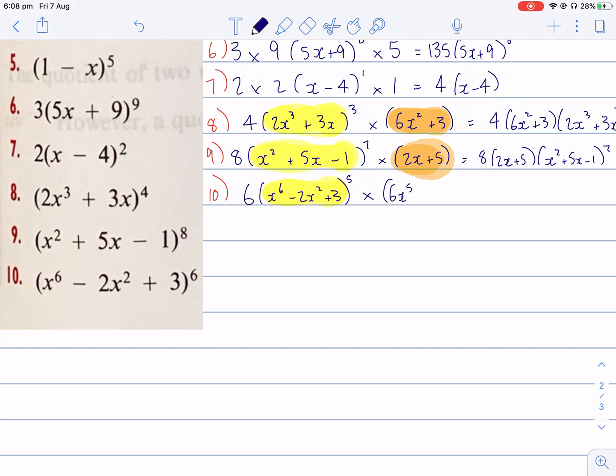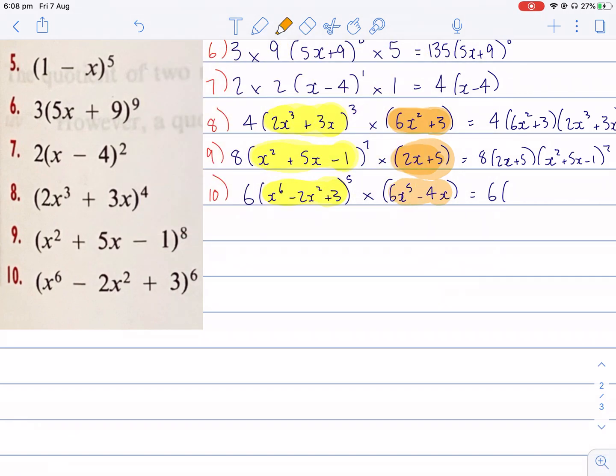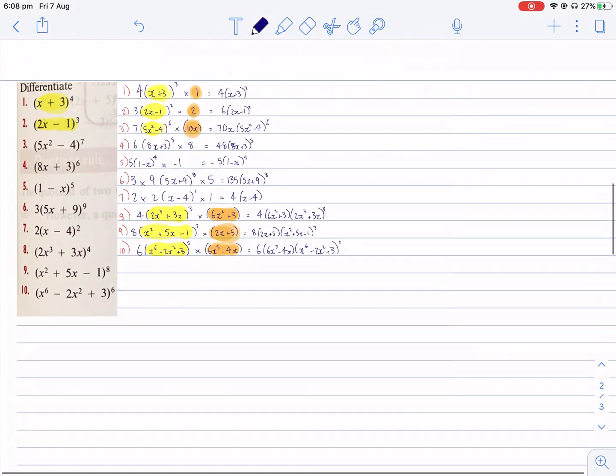That minus 2x squared becomes negative 4x, and that 3 disappears. Which means we've got 6 lots of, oh, I should color code this as well. 6x to the 5 take 4x times this thing, x to the 6 take 2x squared plus 3 to the 5.